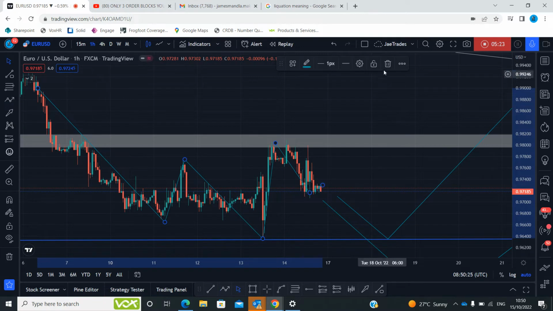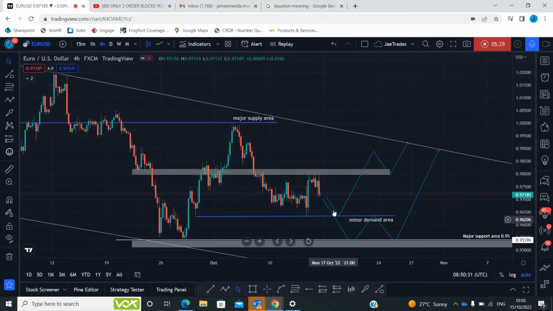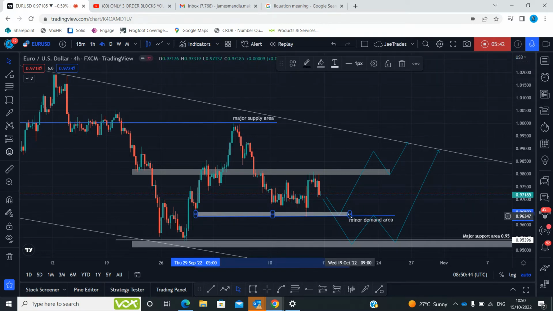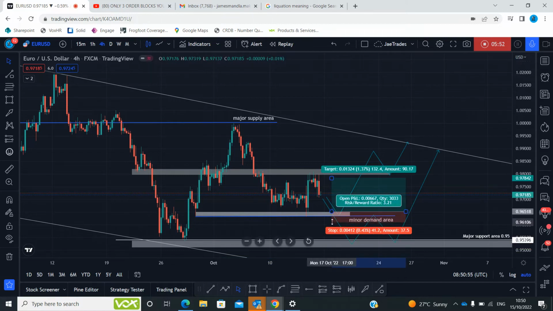Okay, so let's also do it like this. This is my prediction of where the market will go. We're going to retest this. It's a minor demand level, right? The market, for me, will come here for just a retest. So when the market comes here, as we are predicting, we're going to be looking to actually buy the market, so we're going to go long at this point here.